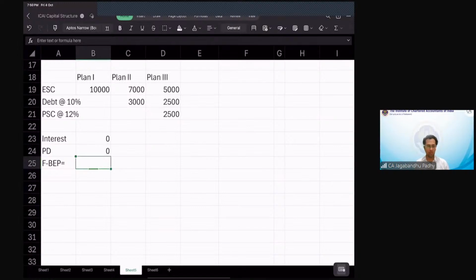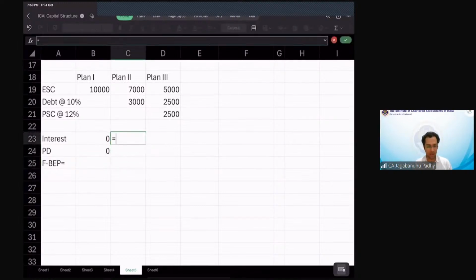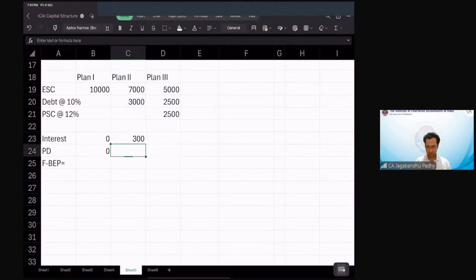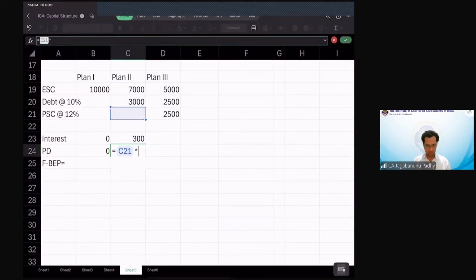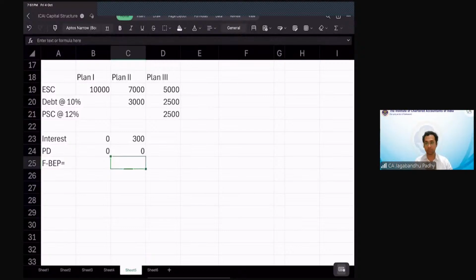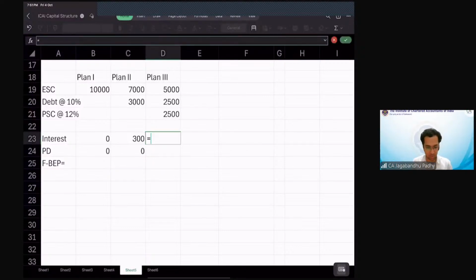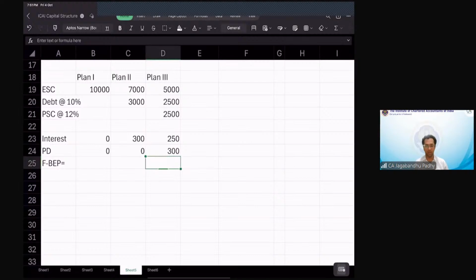Correct? What about the second plan? The second plan will have an interest of 3,000 into 10%, and of course there is no preference dividend as such. The third one has an interest of 250 and preference dividend of 300.